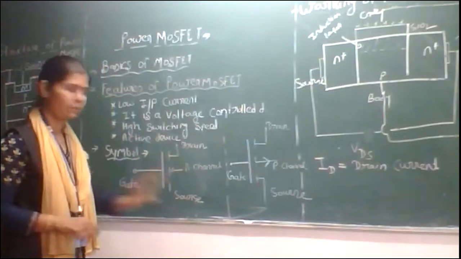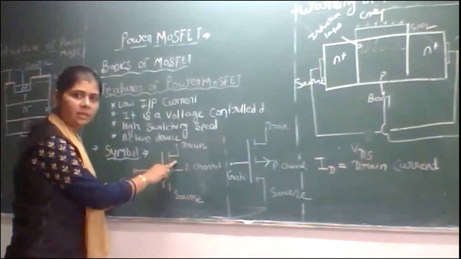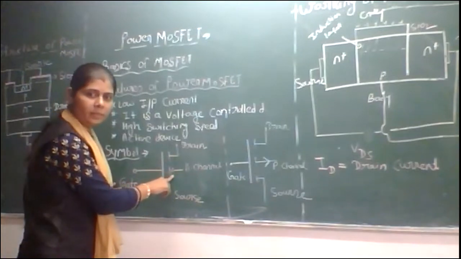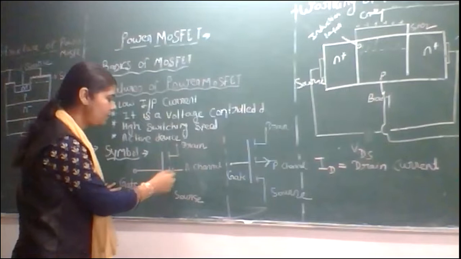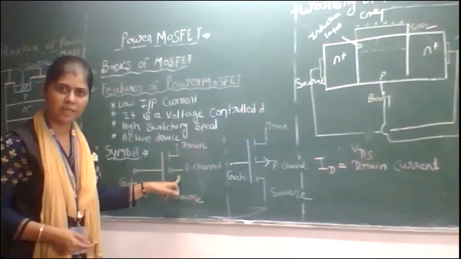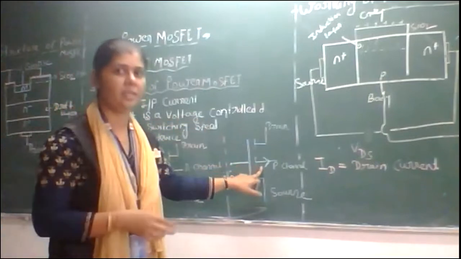In the symbol, we connect the gate here in the middle part, drain is here and source is here, and we put an arrow. If the arrow is entering inward, it means it's an N channel. If the arrow is outward, it means it's a P channel.